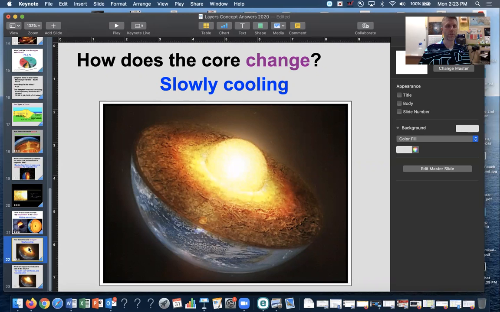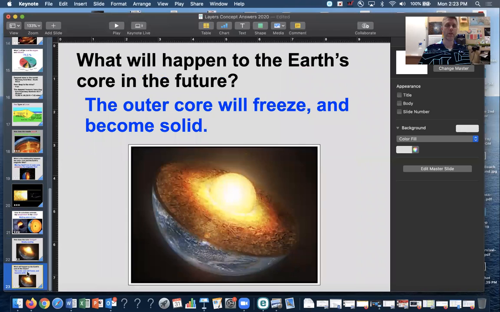And then the last question, what will happen to the Earth's core in the future? Eventually, in the future, the outer core will freeze and become solid. So normally when we think about things freezing, we think about water, because that's what we're most familiar with as far as something that freezes and melts.